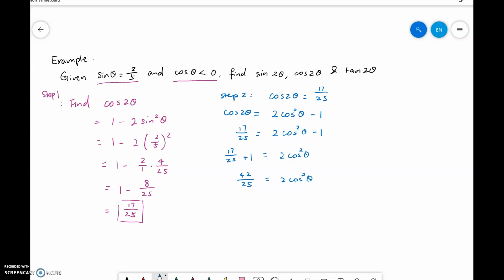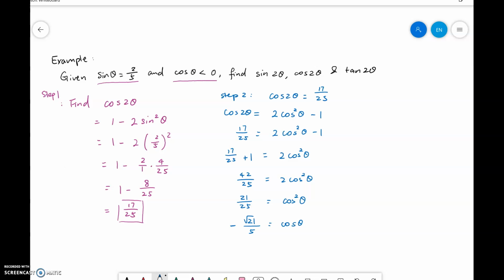Yep. Now I'm going to divide by 2. So 21 over 25 equals cosine squared theta. Taking the square root, cosine theta equals square root of 21 over 5. Since cosine of theta is less than 0, it is negative. So that's my step 2.